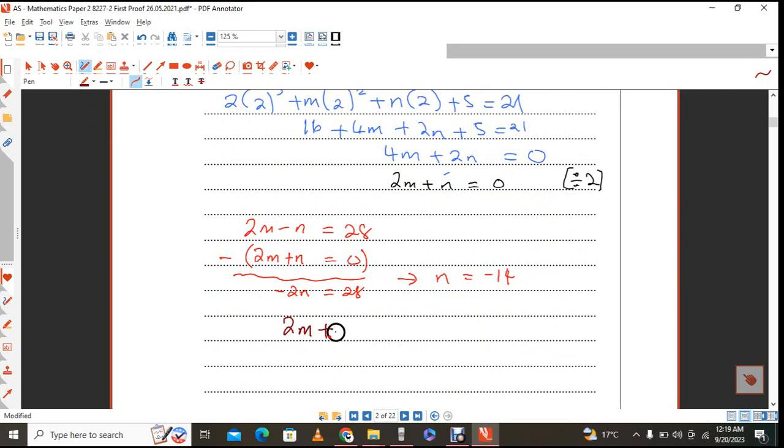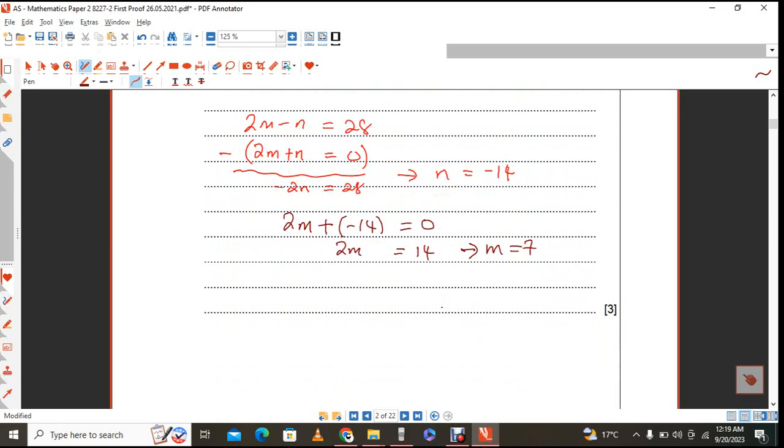So 2m plus negative 14 equals 0. Of course, that is 2m equals 14 positive. That implies that m equals 7. So the solutions therefore are n equals negative 14 and m equals 7.